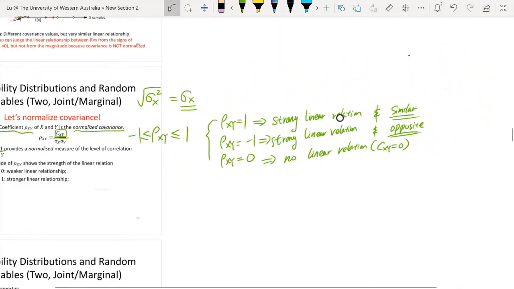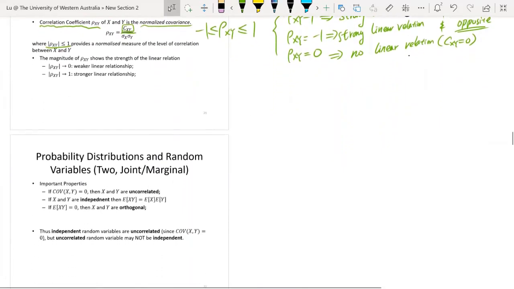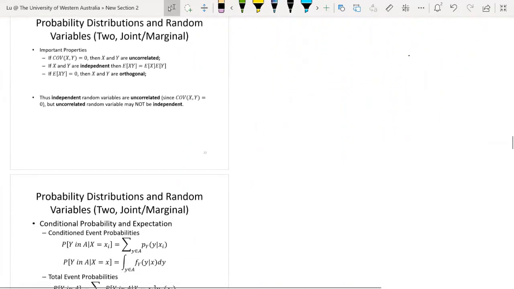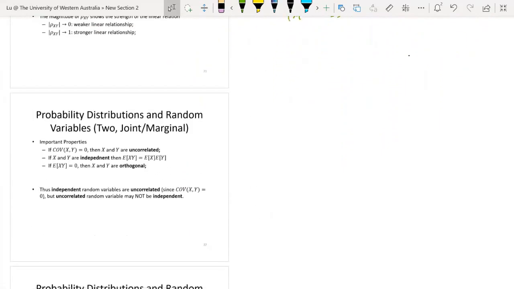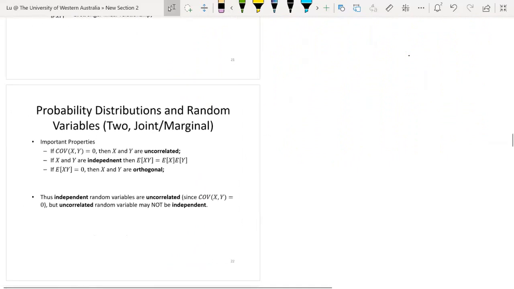Let's just have a look at what is the information. Okay, not too much. Okay, next one, some important properties. So the first one has been done. So if the covariance between the x and y is 0, then the two random variables are uncorrelated. That's okay. Next one, if x and y are independent.